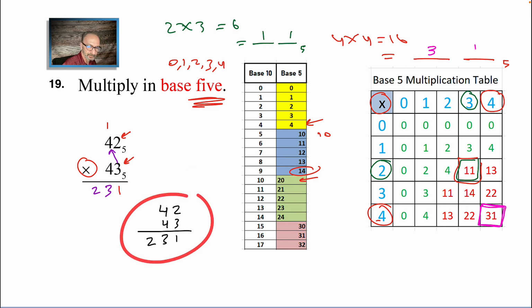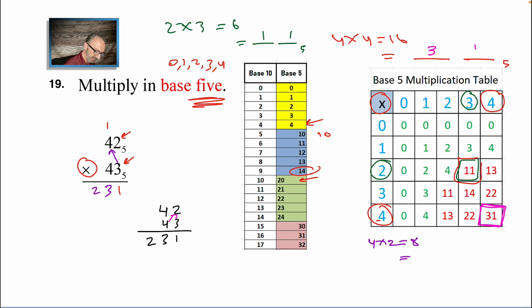We are multiplying 4 times 2, and then after that, 4 times 4. Now, 4 times 2 is 8.